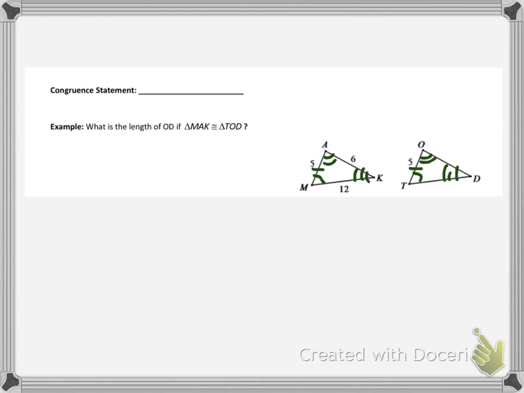They're both equal to 5, so that makes sense. So if we're trying to get the line segment OD, well, it has to be congruent to AK, so it will be equal to 6.